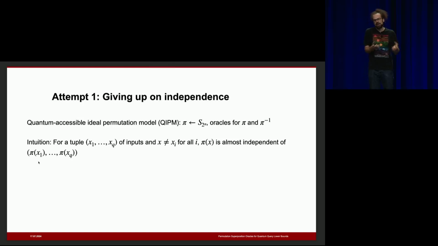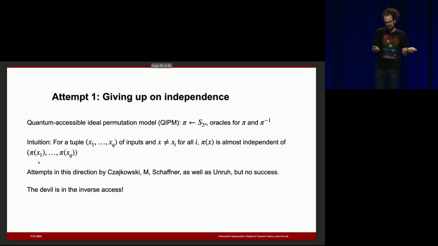The first and maybe most natural attempt is to give up on independence. We really like this representation of the function as a list of outputs, so let's just try to keep that. And considering the fact that a few outputs of a random permutation are approximately independent, maybe it works out. It turns out that this is difficult.